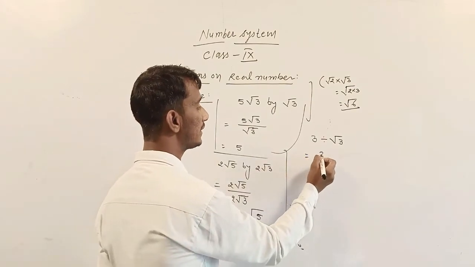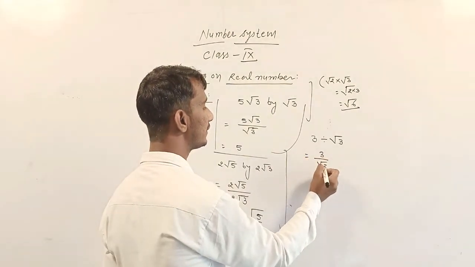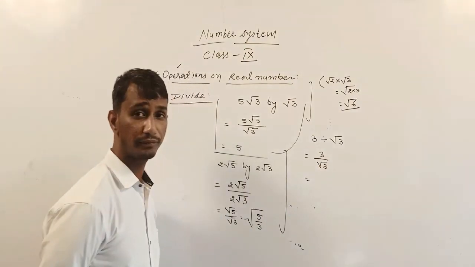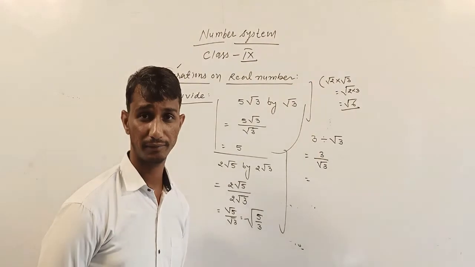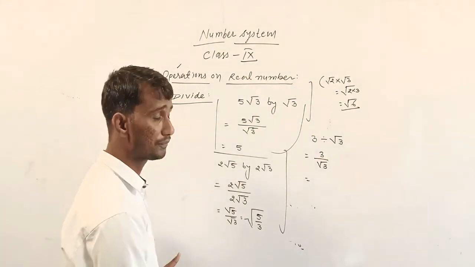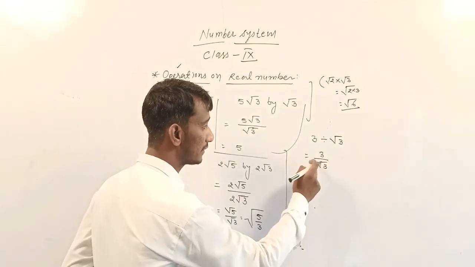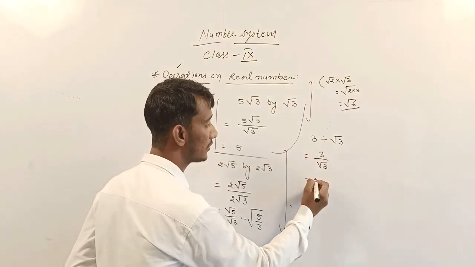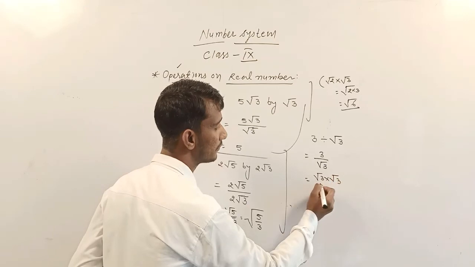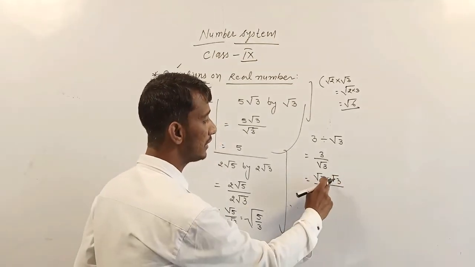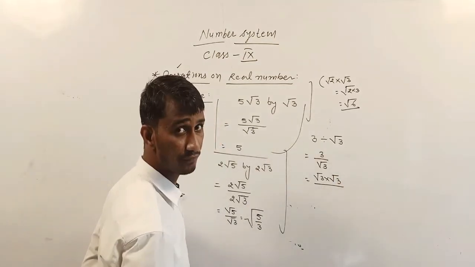So we can write here 3 upon root 3. Now the solution is ready, but we need to simplify. So what do we do? We write 3 as root 3 into root 3, because we know that root 3 into root 3 is equal to 3.